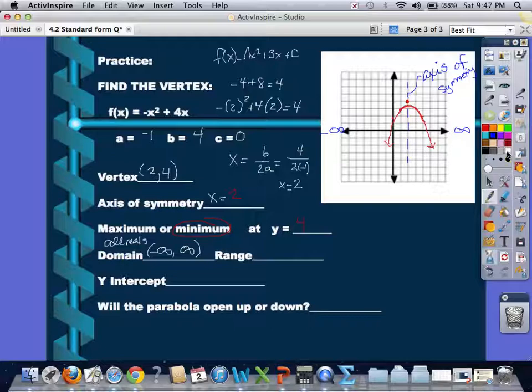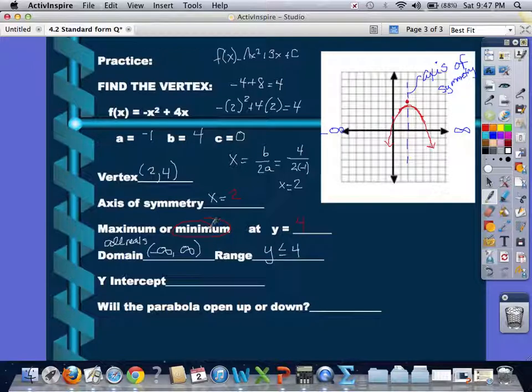All right, and our range is the highest point that it's got, and that's at 4, and it's going to go downward. Okay, so the highest point is 4, so that would be y is less than or equal to 4. Okay, it's not above 4, it's less than or equal to, and it goes on and on and on in that direction.